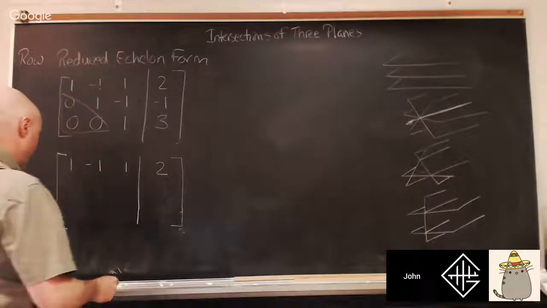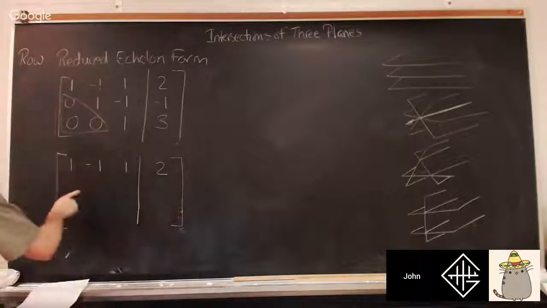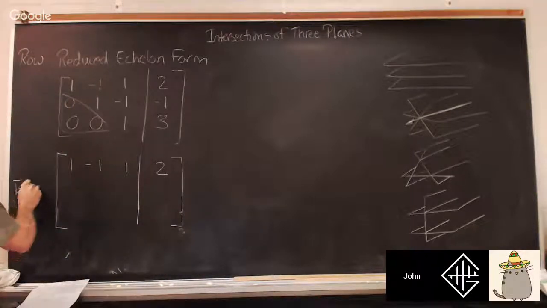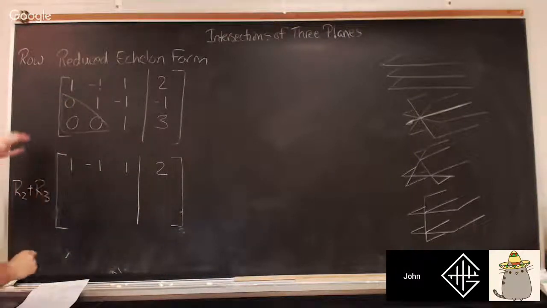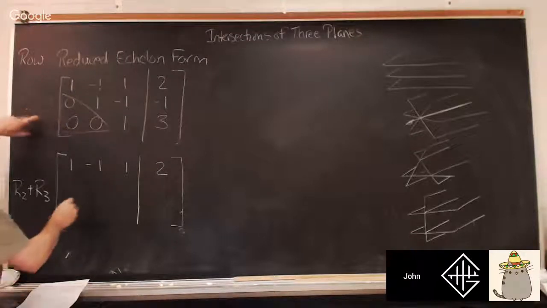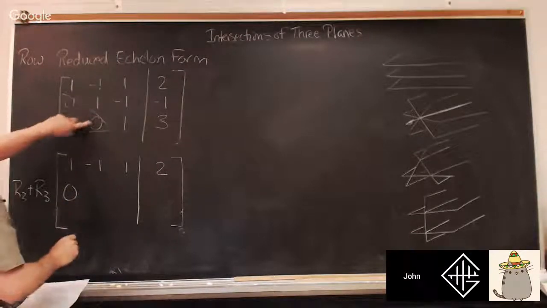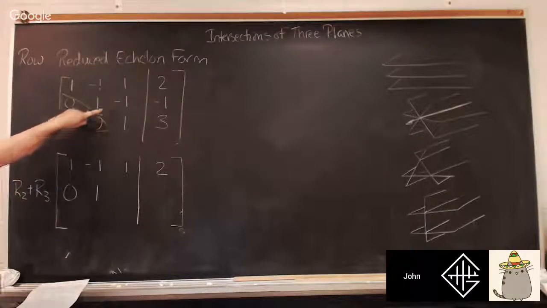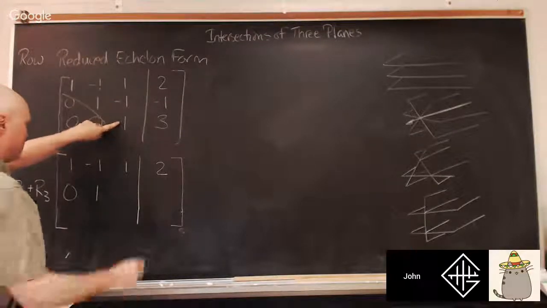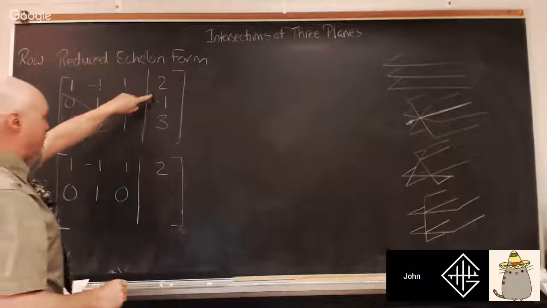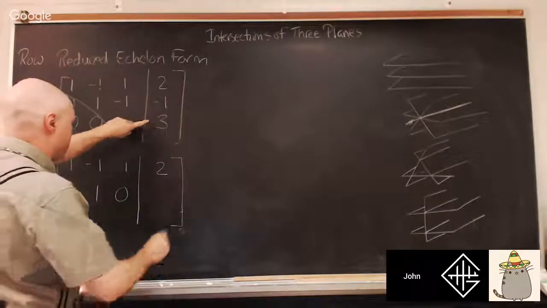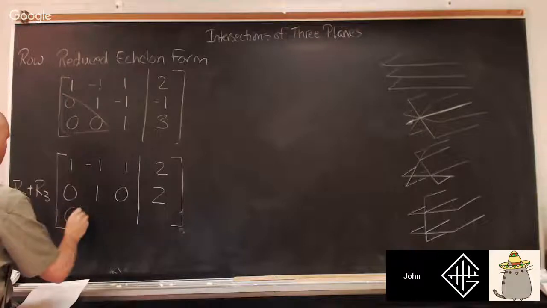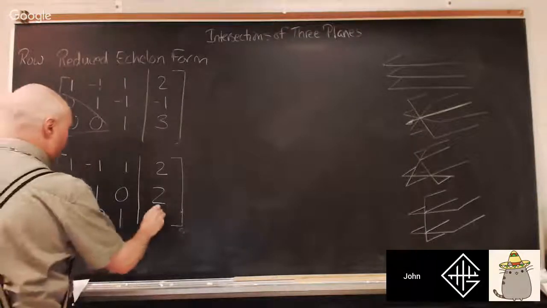I'm going to make row 2 in this matrix by taking row 2 and adding row 3 to it. So 0 plus 0 is 0. 1 plus 0 is 1. See how easy that is since I've got zeros there? Negative 1 plus 1 is 0. Negative 1 plus 3 is 2. And I'm just going to leave this bottom row alone.